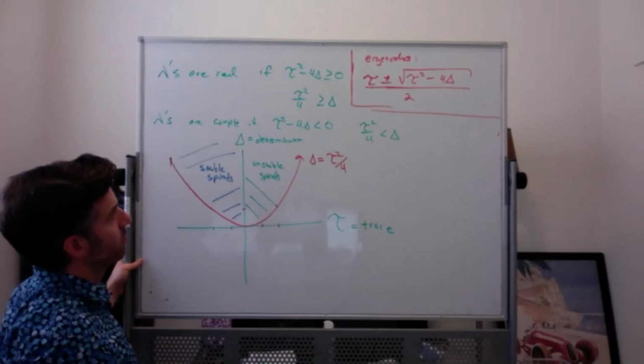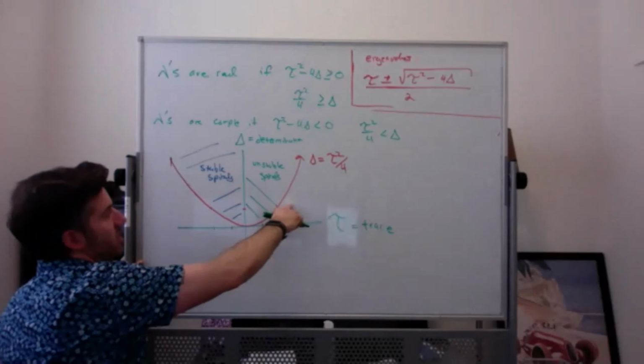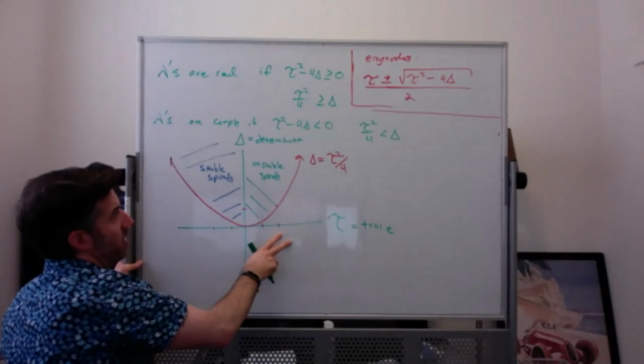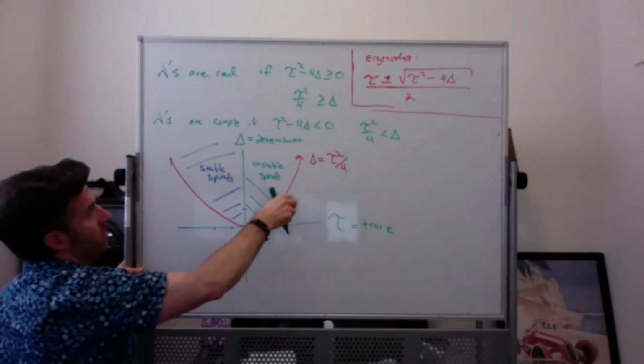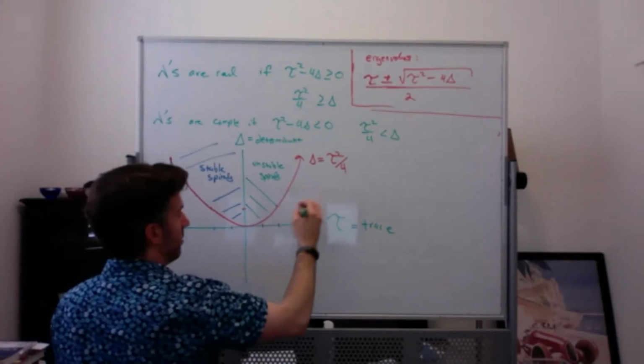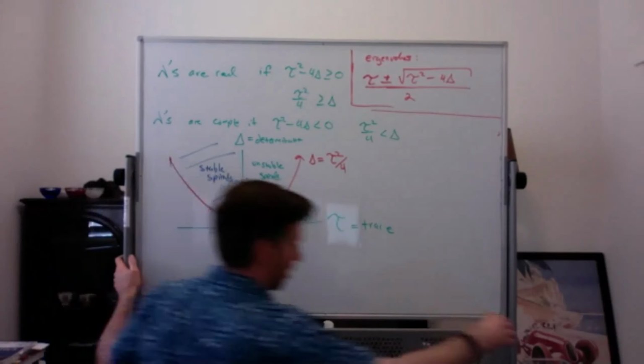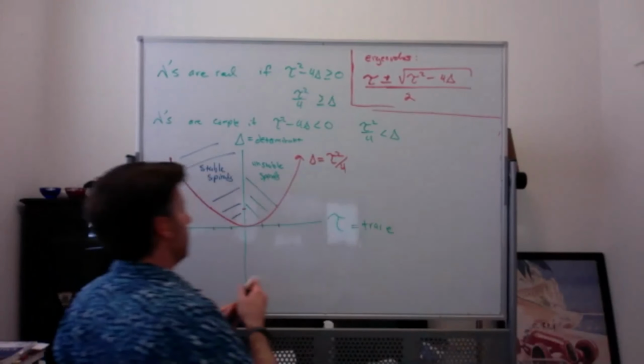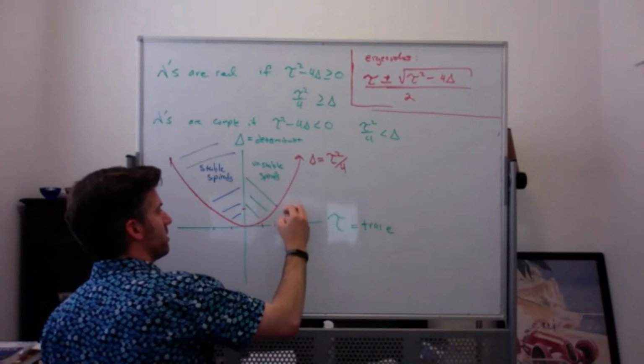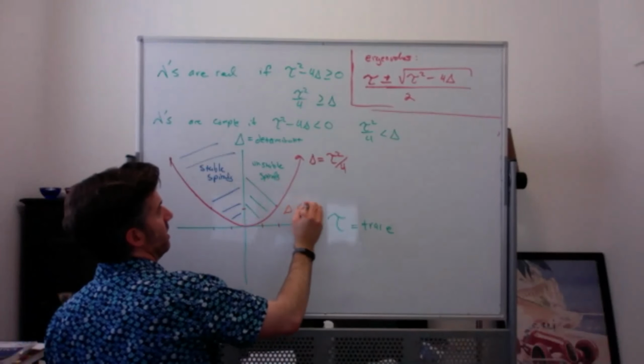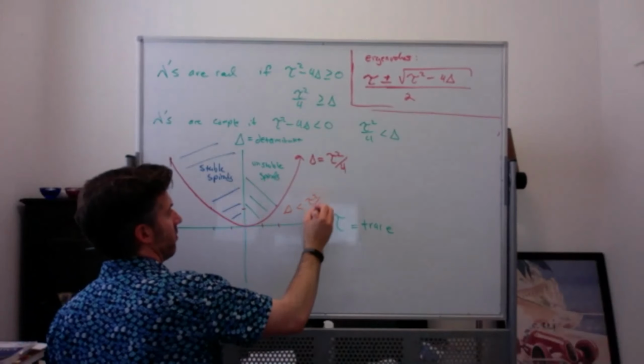So right down here, where the trace is still positive, but now delta is, let's use another color. And over here, delta is definitely less than tau squared over 4.